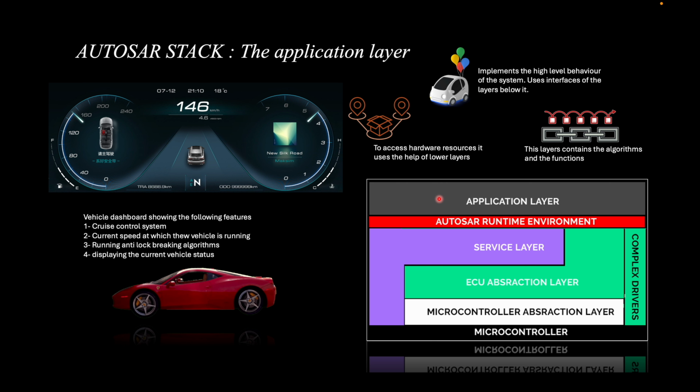So when you are dealing with algorithms, now or in future, you are dealing with the application layer, not with the service layer, ECU abstraction layer, microcontroller layer, or the complex device driver layer, right? So this is the application layer.